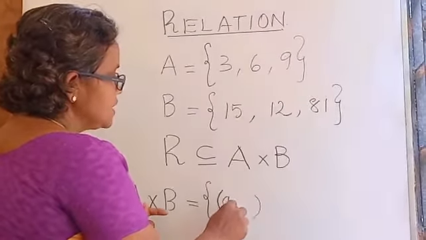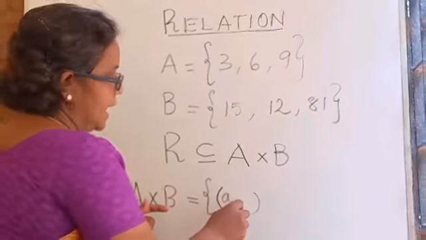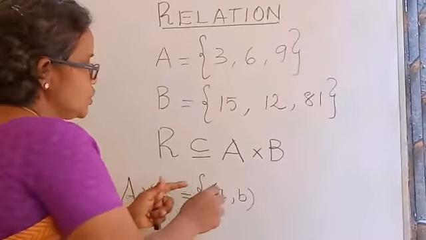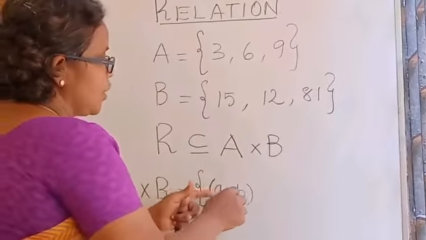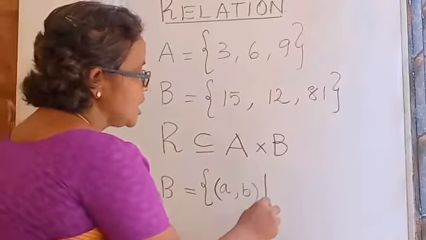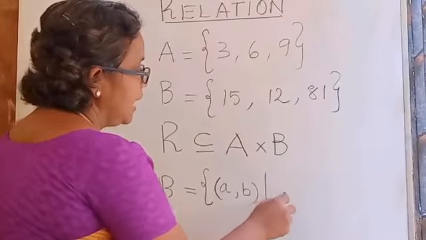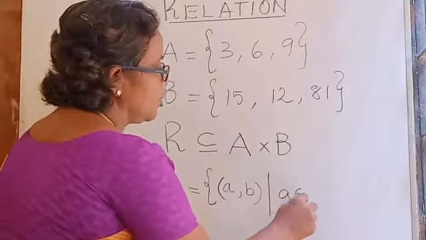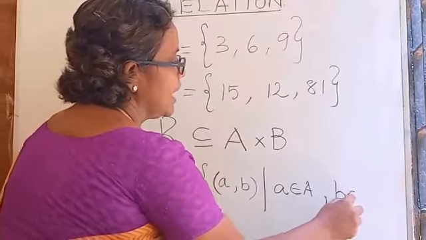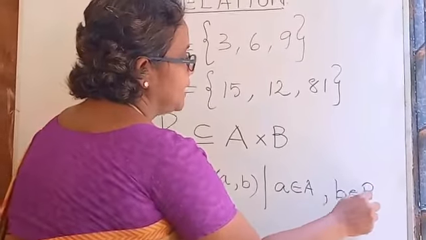So the first element comes from set A, the second element comes from set B. So it is (a, b), ordered pair, such that a is an element of set A and b is an element of set B.